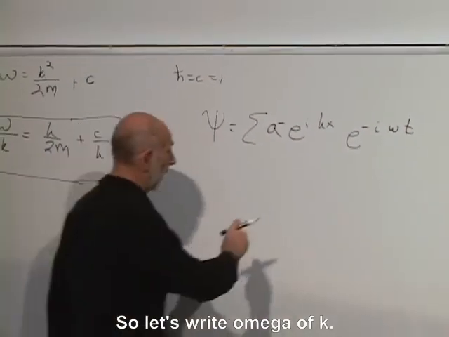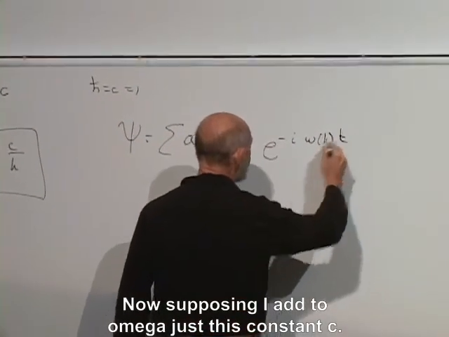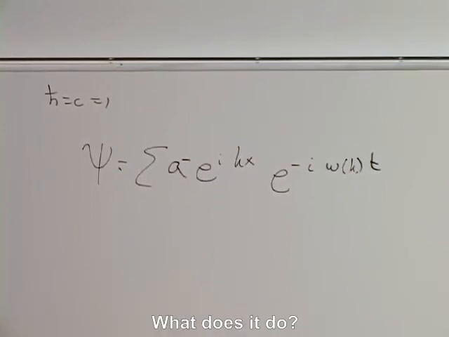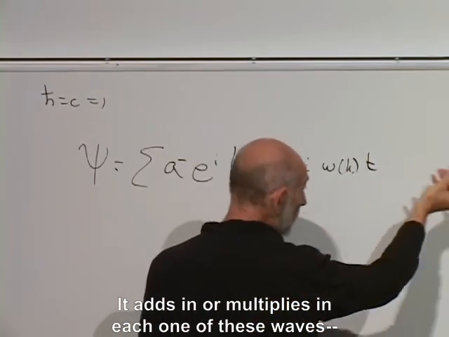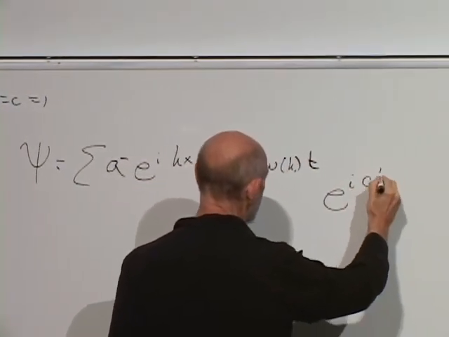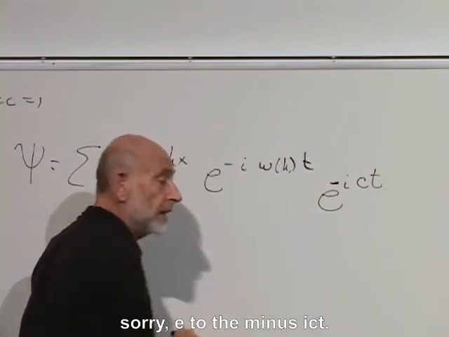So let's write omega of k. Now supposing I add to omega just this constant c, what does it do? It multiplies each one of these waves by e to the minus ict.